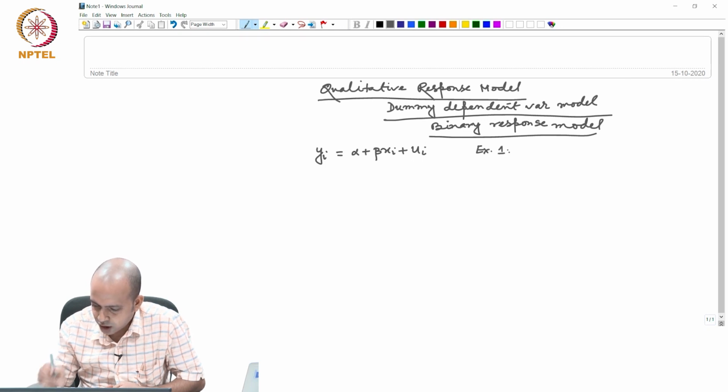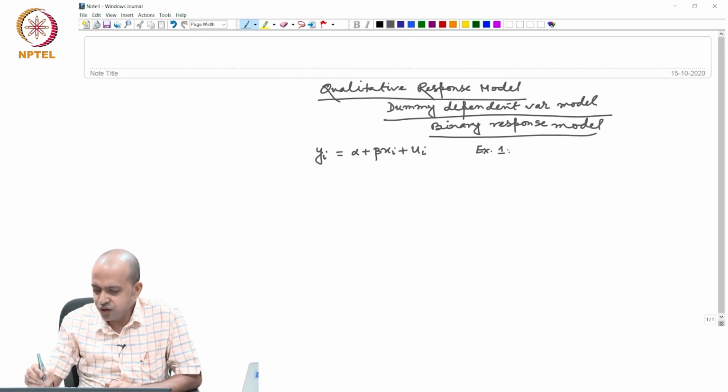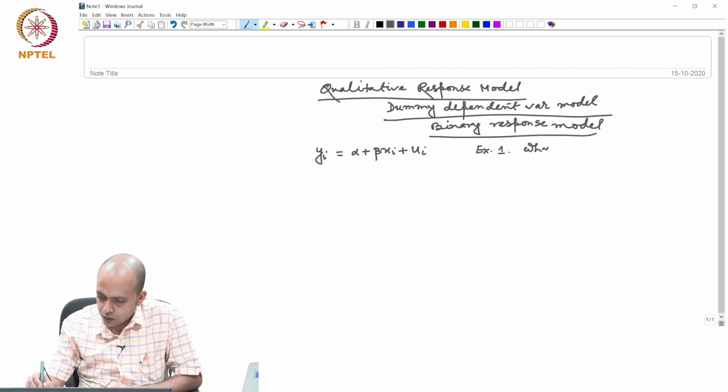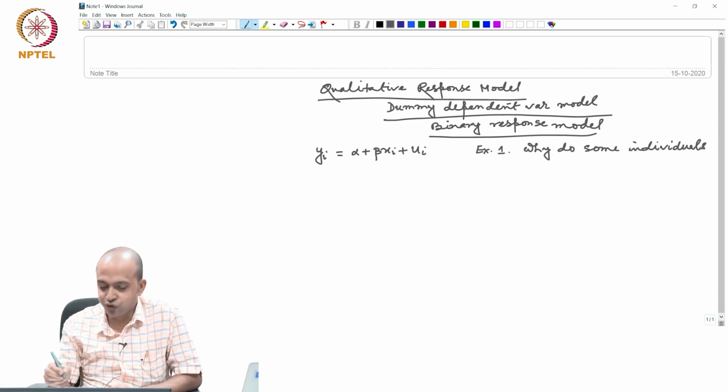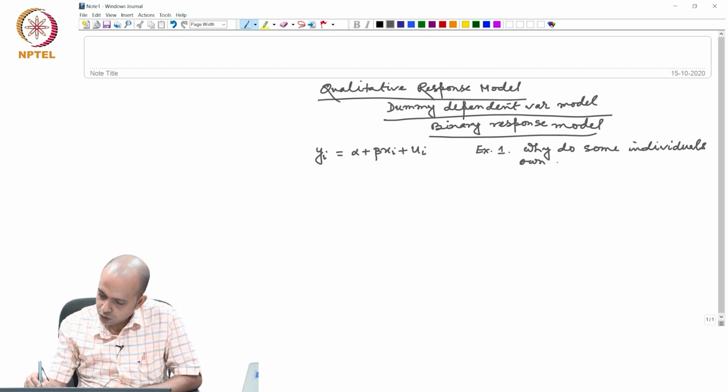Example number 1: our research question is why do some individuals own their car while others prefer public transport.